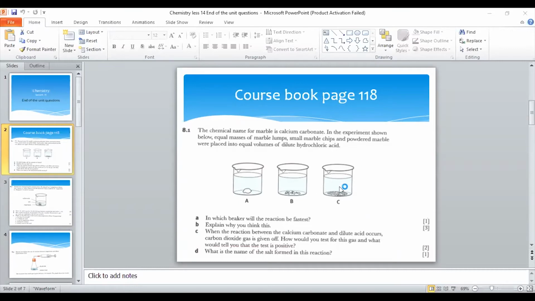So I said I have bubbles of carbon dioxide here. What should I do with the bubbles? And with a splinter? I can test the presence of carbon dioxide when the splinter goes out.